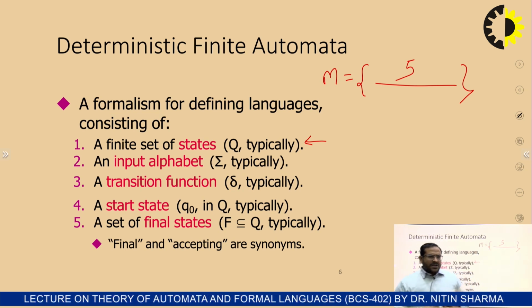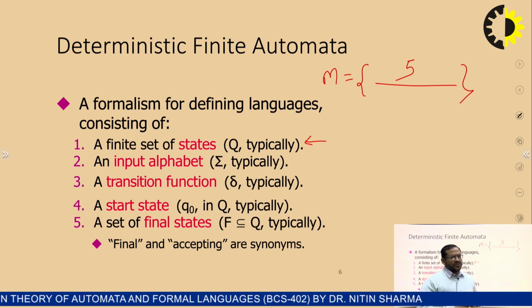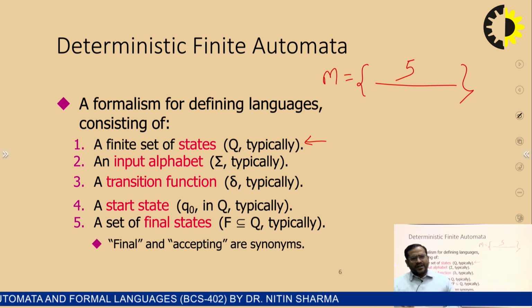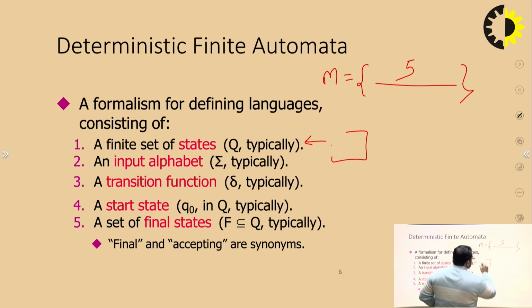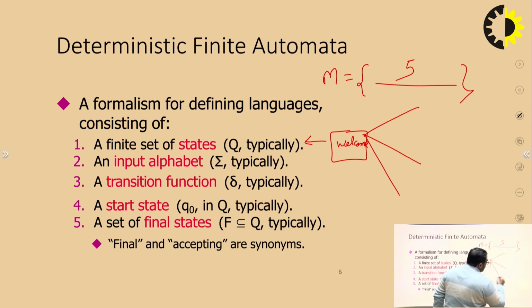Whenever a string is given as input to that machine, like the ATM card, and after that we put in our pin, these are the input symbols or input strings. The machine takes an input string and goes from one state to another. For example, this is the initial state, the welcome message. After giving the input, it goes to a different state.